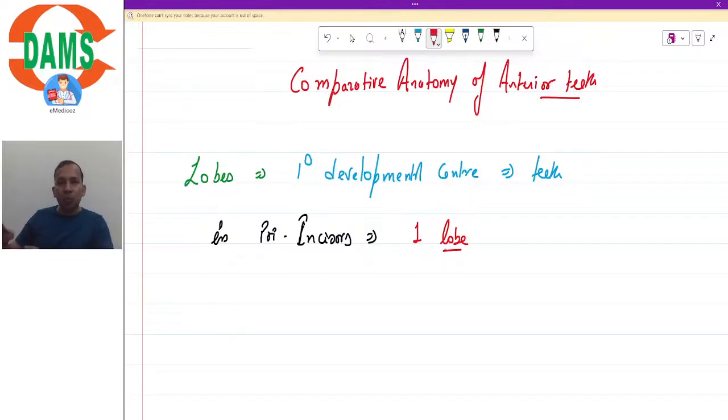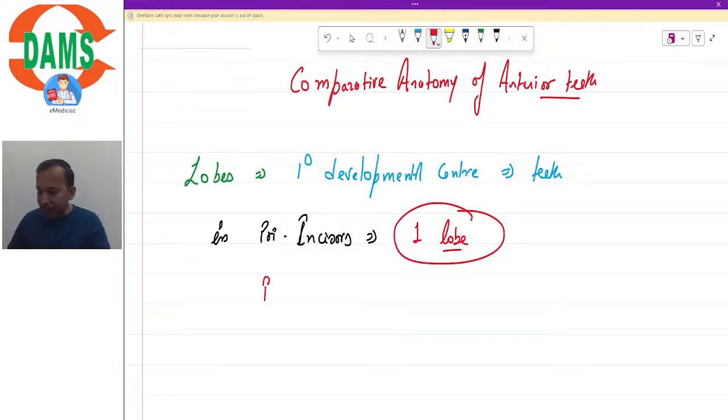Though this is an old concept, as far as your MCQs are concerned, if you have an option which says one lobe, then you will mark it. If one lobe is not there and 4 lobes are present, only then will you mark 4 lobes.